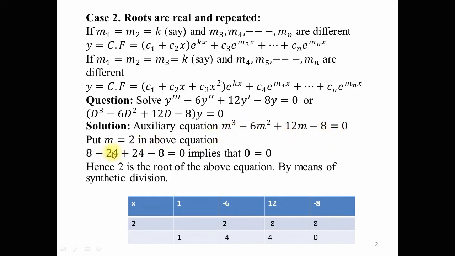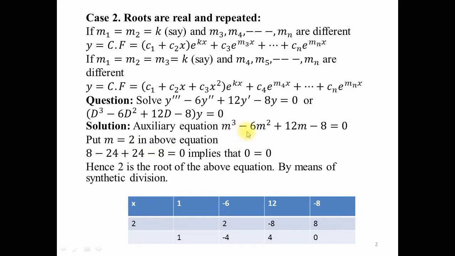And after simplification we obtain 8 minus 24 plus 24 minus 8 is equal to 0, which implies that 0 is equal to 0. So m is equal to 2 is the root of this auxiliary equation.